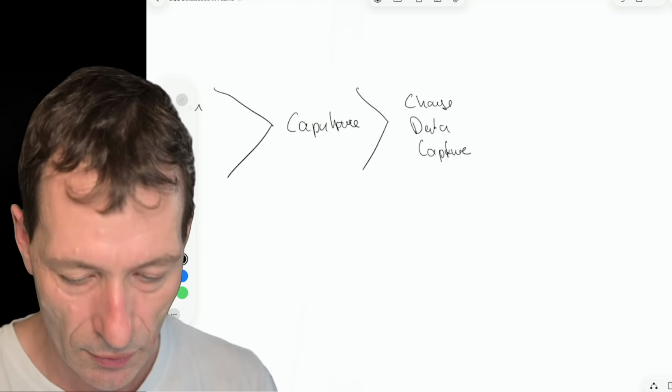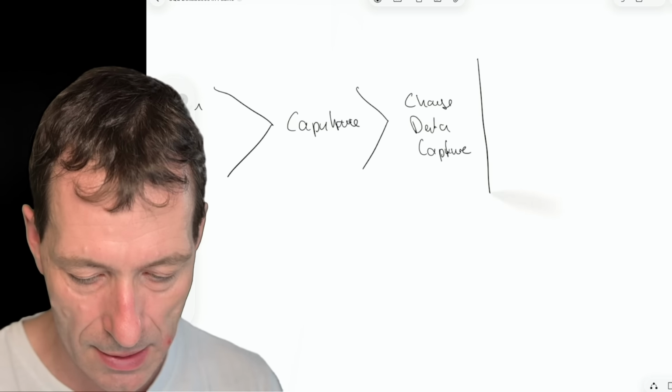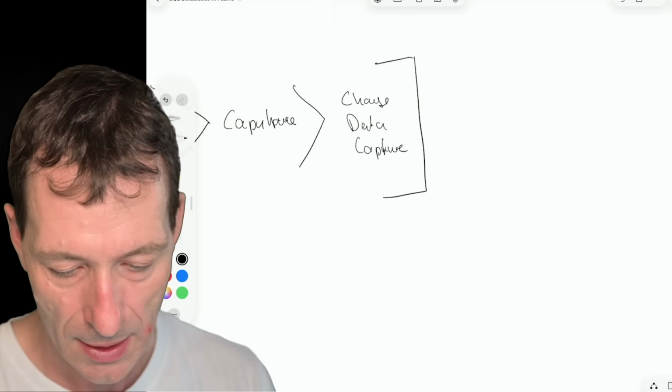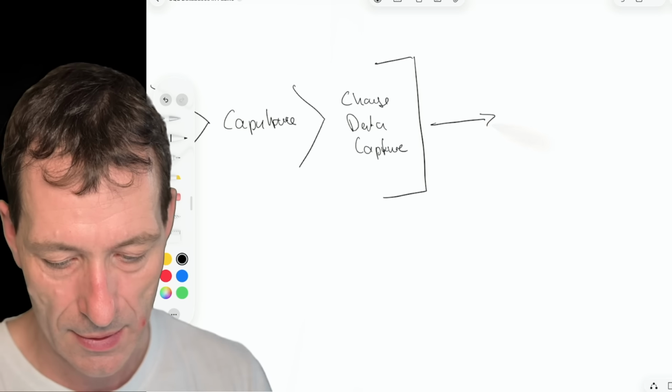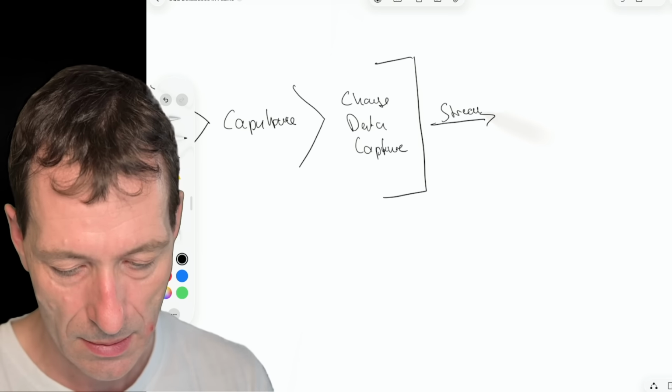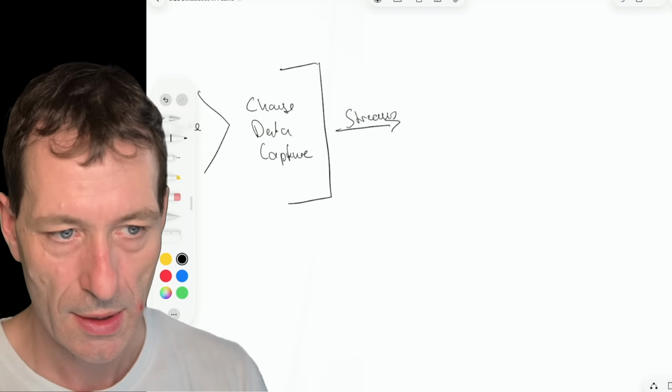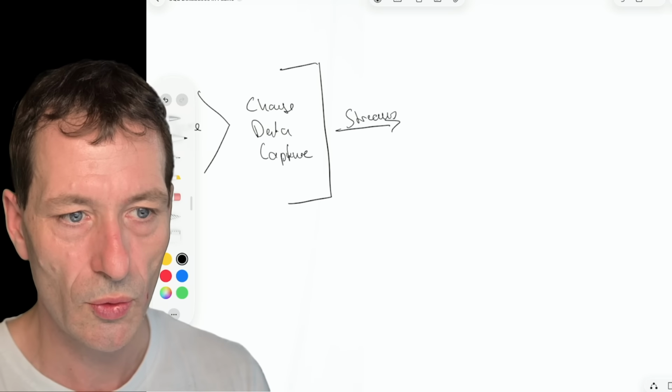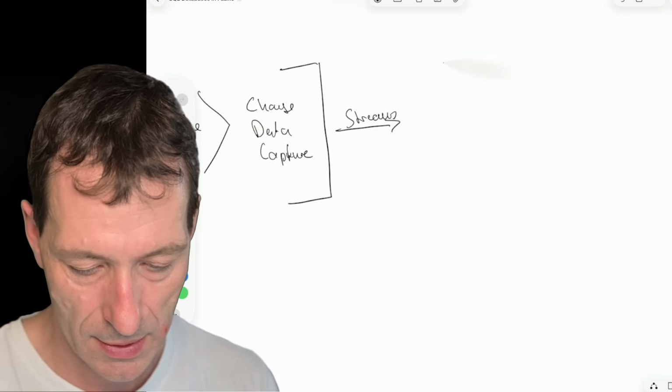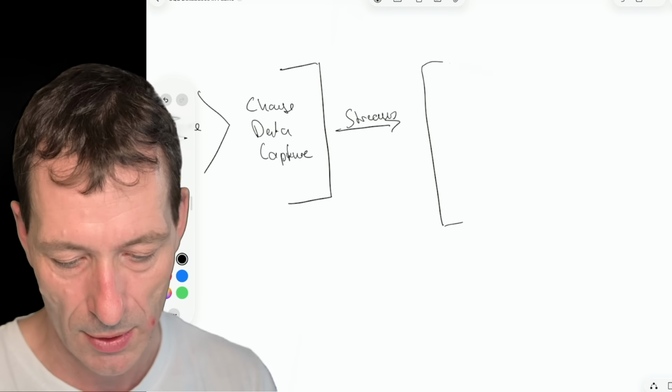So here ends your SQL database in Fabric, and this streams all the changes over to the mirroring service. So from here on, the mirroring service starts.